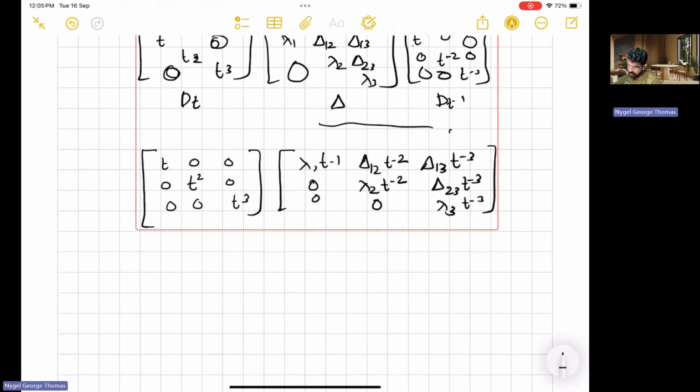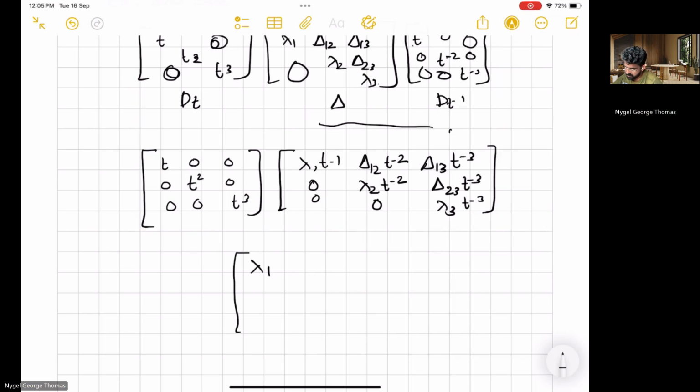Further, if we multiply, you'll get lambda 1, 0, 0, and you get lambda 1, delta 1 2 t raised to minus 1, delta 1 3 t raised to minus 2.